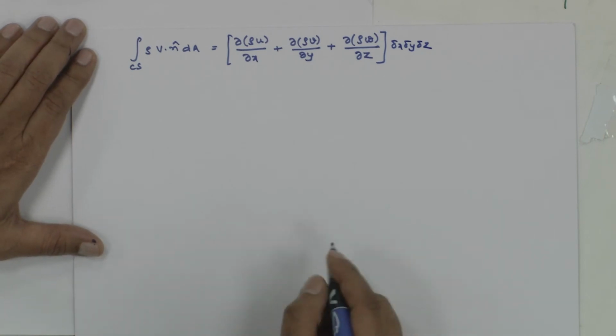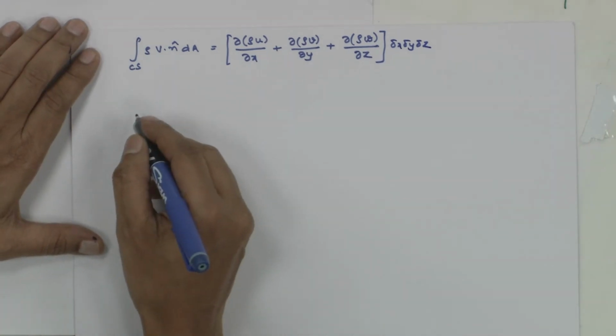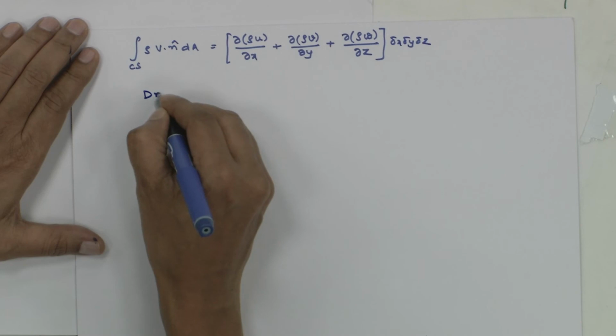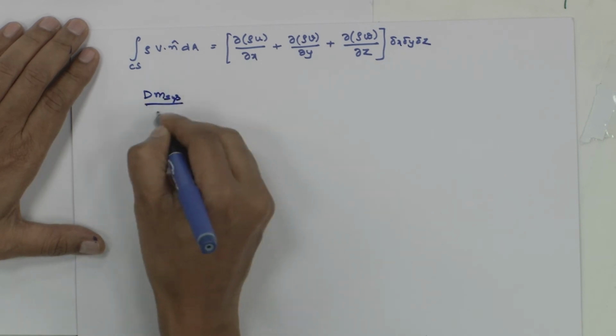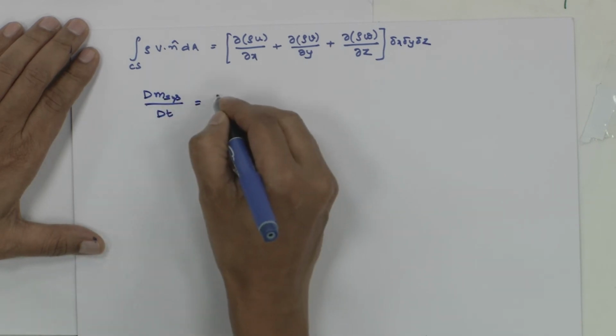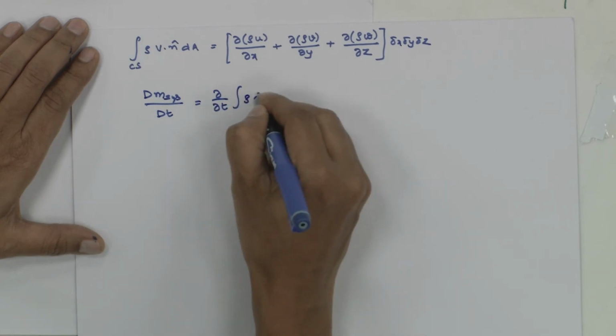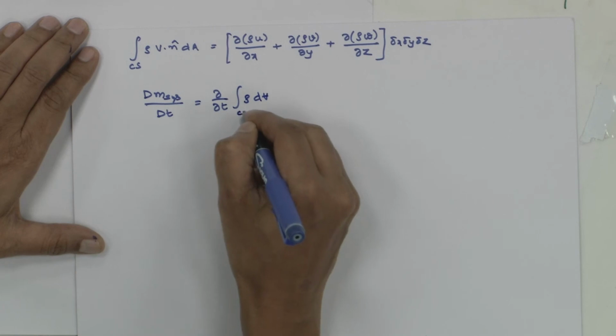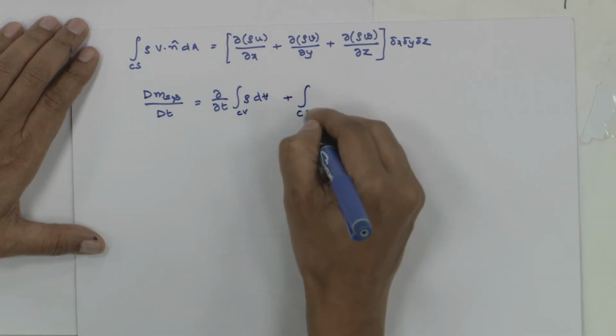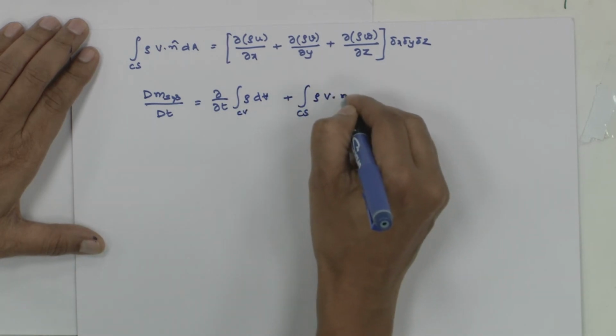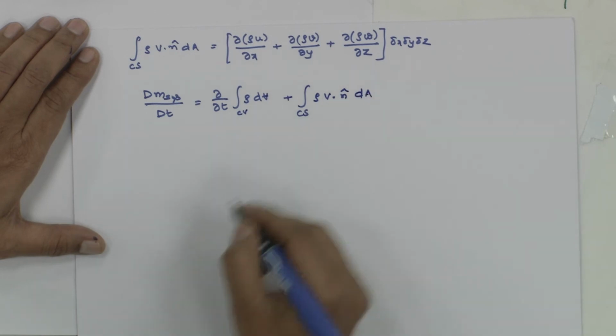Now let us substitute all these terms in my equation 2, that is dm system by dt equal to del by del t of the control volume integral of rho dV plus the control surface integral of rho v dot n dA. We have found each of these terms.